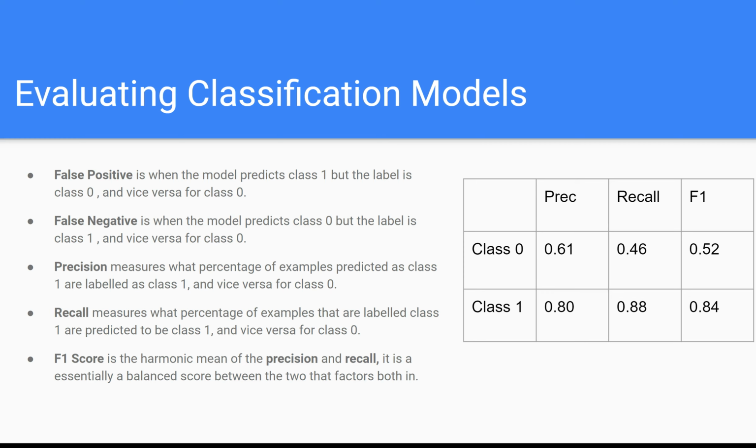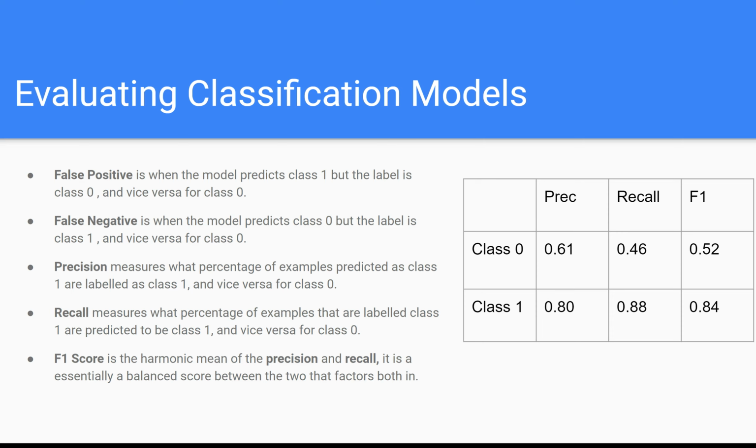And that works vice versa for class 0. If the model predicts class 0, but the label is actually class 1, that would be a false positive.